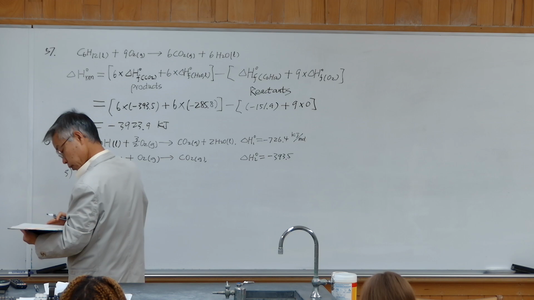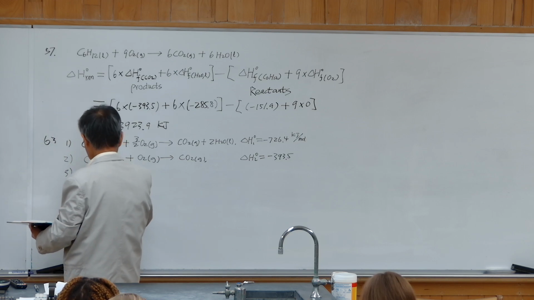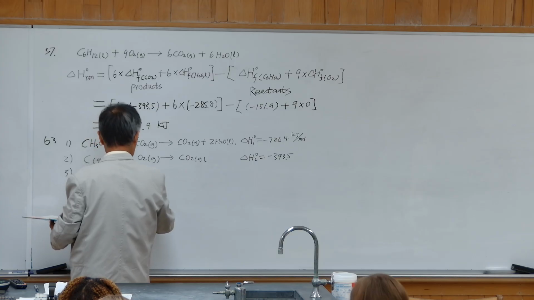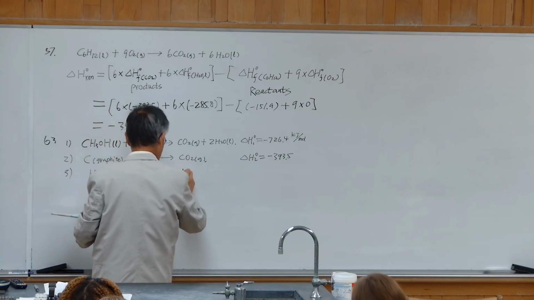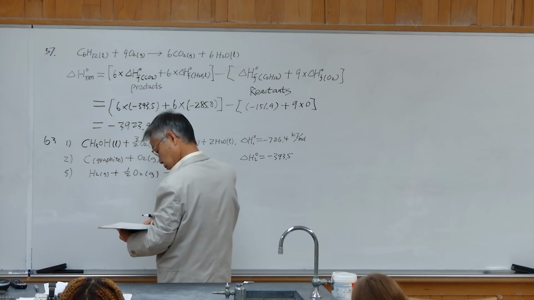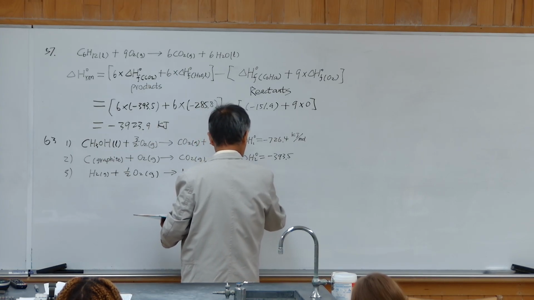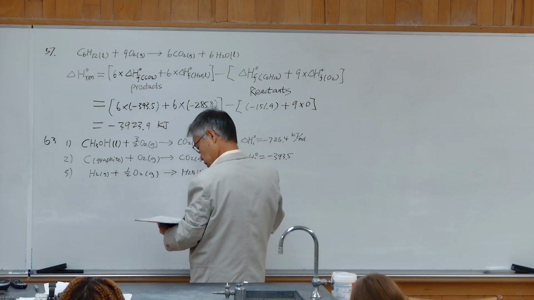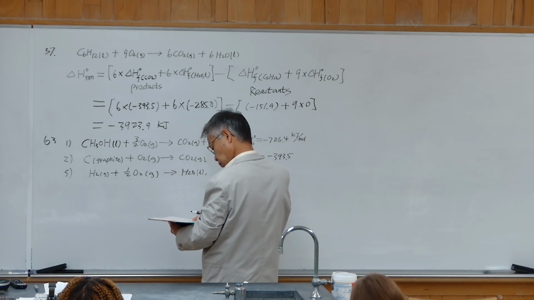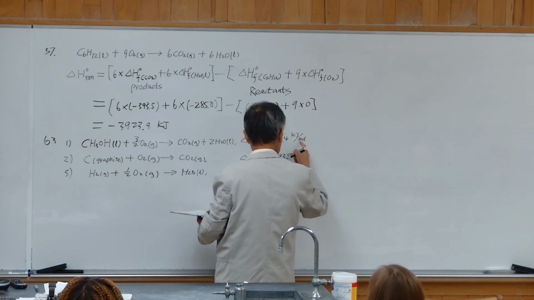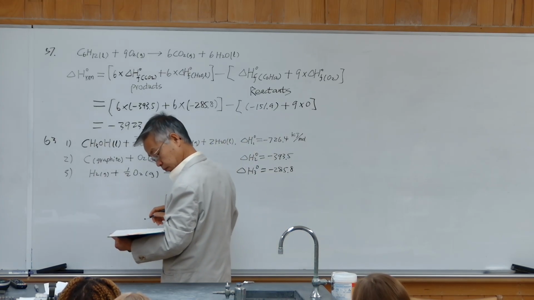Reaction 3, hydrogen gas reacts with oxygen gas to produce liquid water. This reaction's enthalpy change is negative 285.8. Unit is the same, kilojoule per mole.